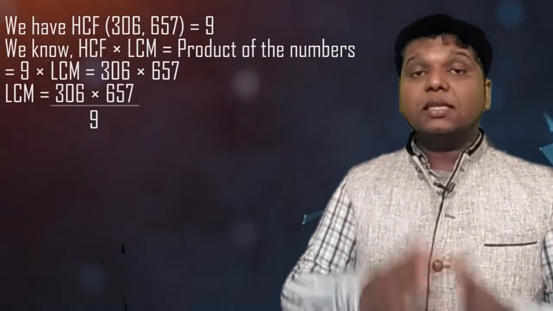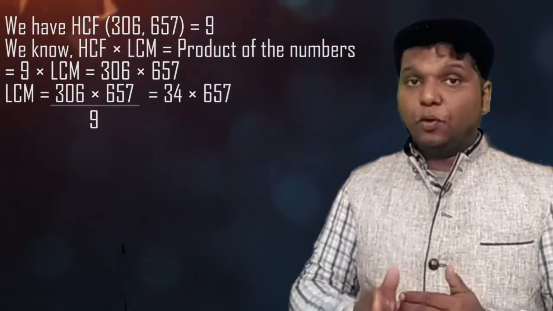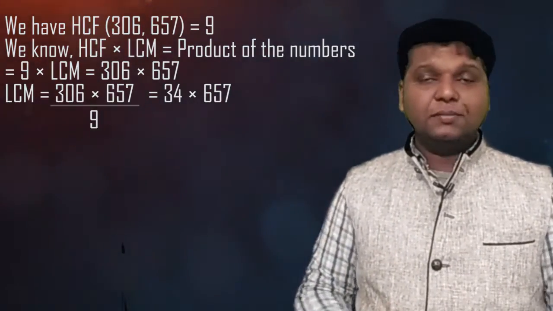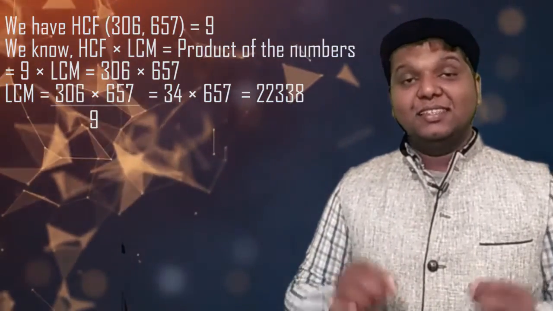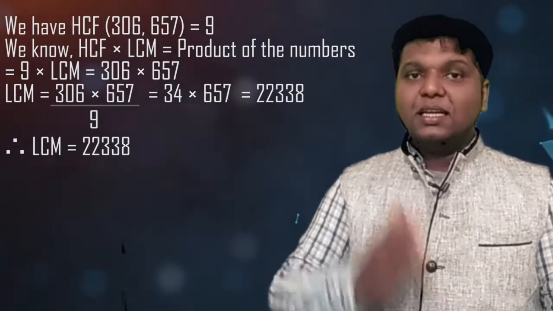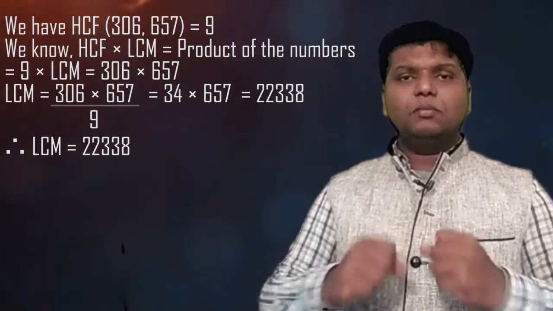So the answer is 34 into 657. That's equal to, how much is the answer? 22,338. So we can say therefore the LCM is equal to 22,338.